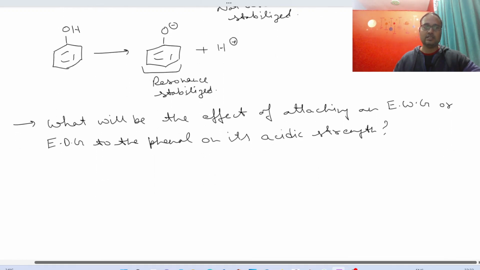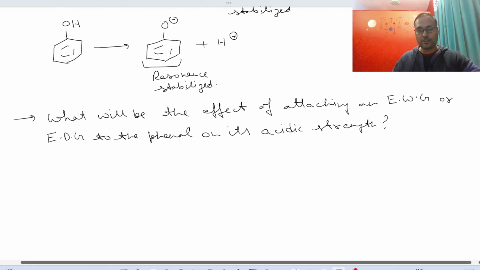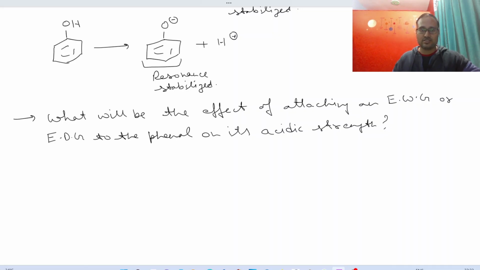As we can see, if electron withdrawing groups and electron donating groups are present at the ortho and para positions, then only they can affect the acidic strength of phenol, either decreasing or increasing it.